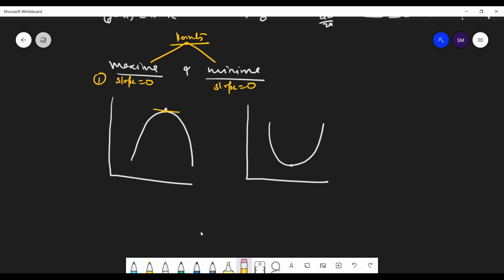Now the second thing is, I have discussed it earlier also. Here the slope was m equals -1, then m equals 0, then m equals +1, right?